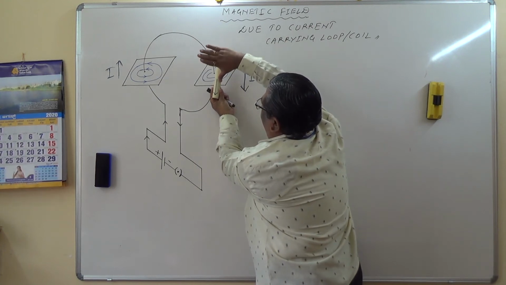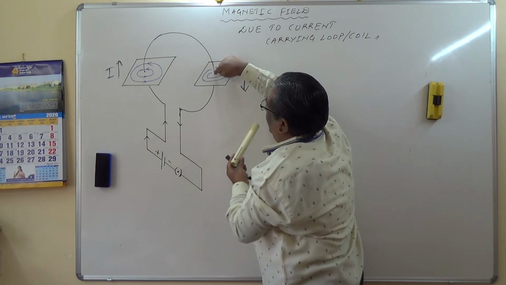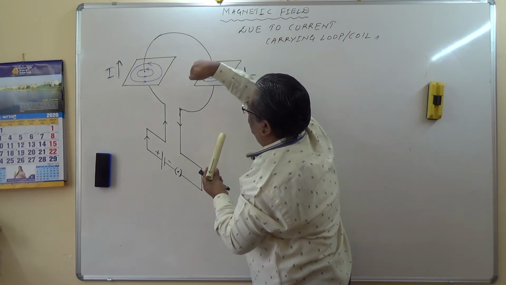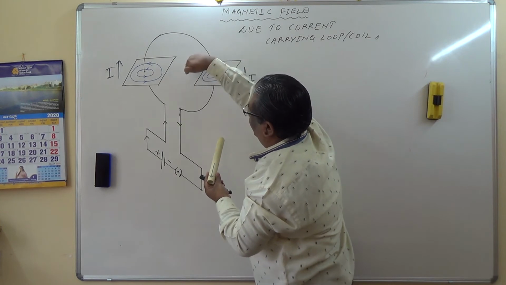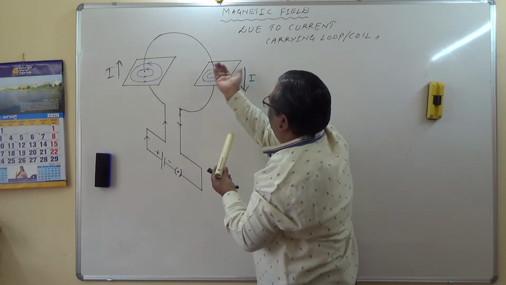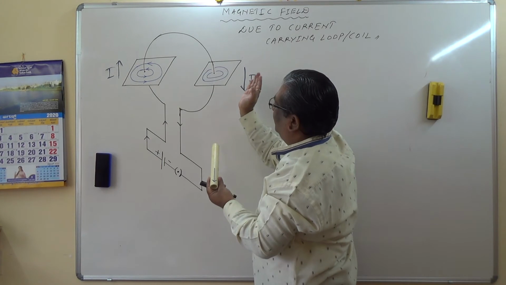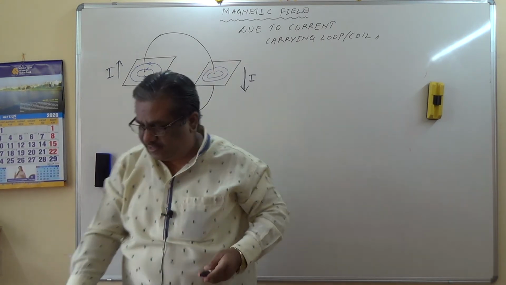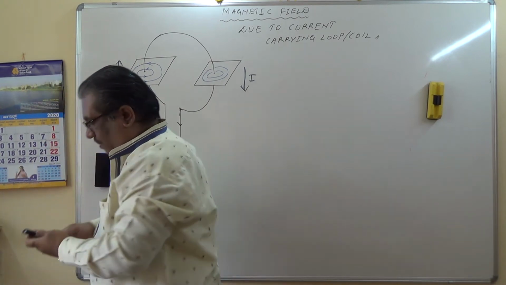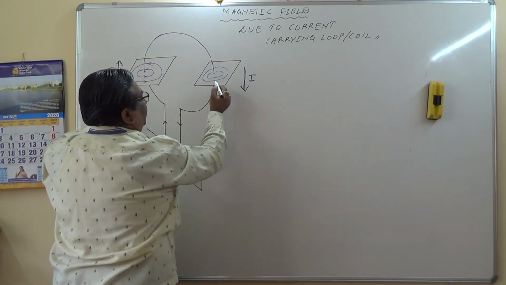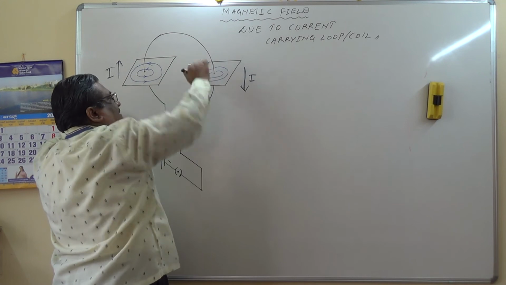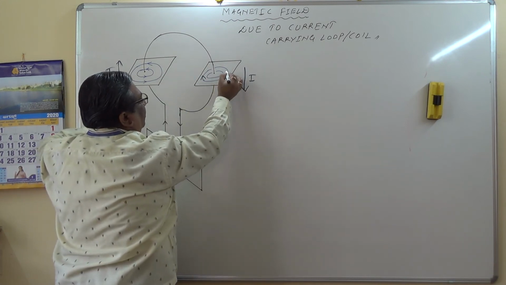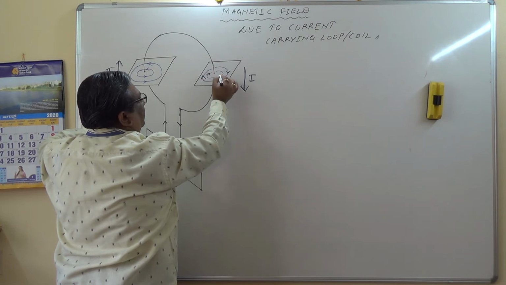This is the direction. That means the field lines at this point are also entering into the board in this side, and those are coming out of the board on this side, entering here, coming out this side, and therefore the direction can be represented as inside, outside, inside, outside.